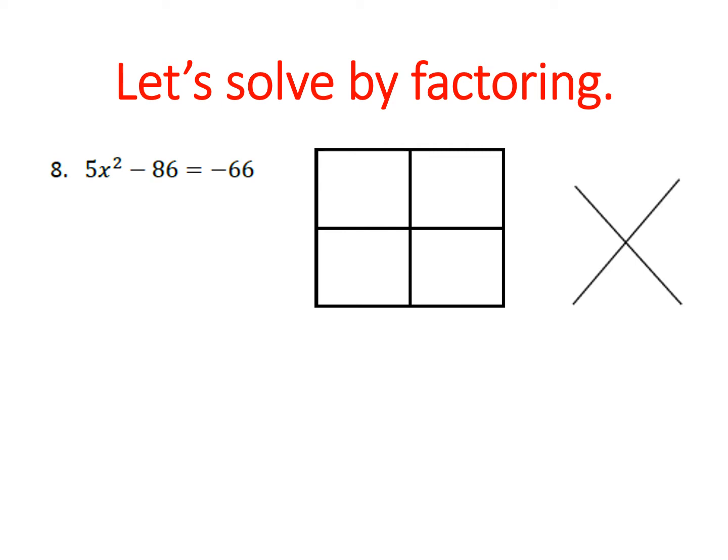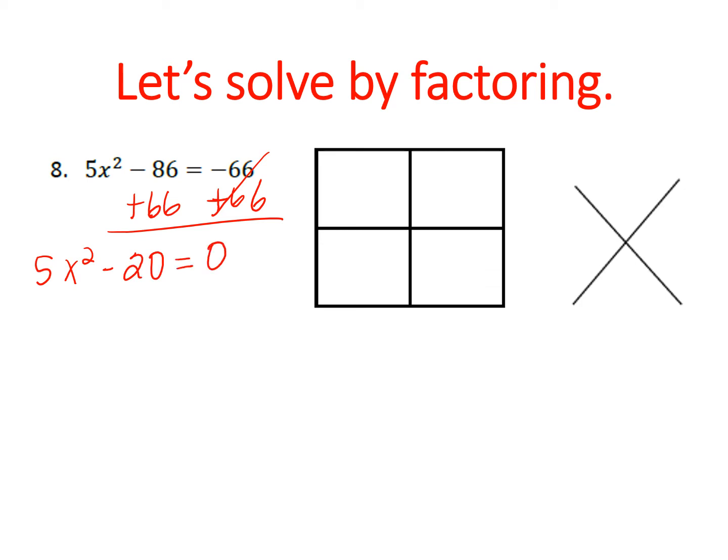Again, to solve this by factoring, we're going to need to set this equal to 0. And so in order to do that, we are going to have to add the 66 to both sides. So I get 5x squared minus 20 equals 0.